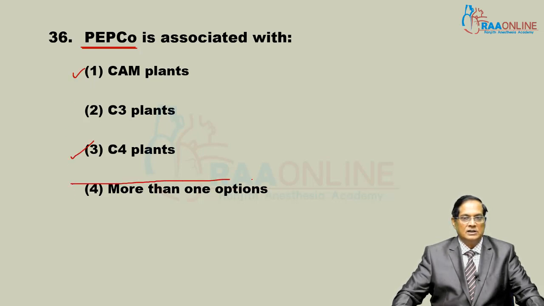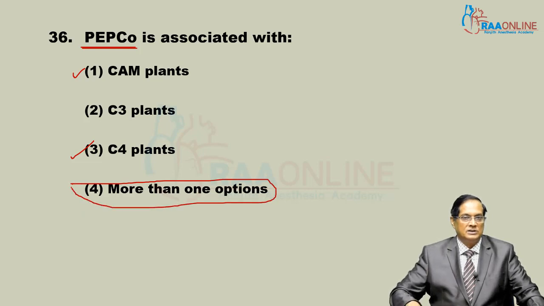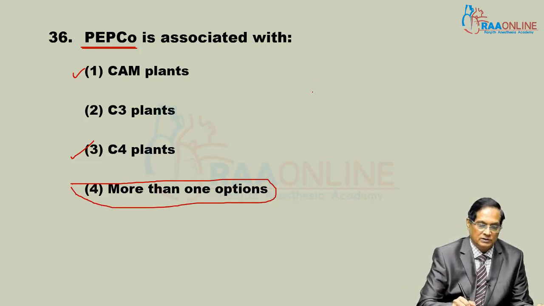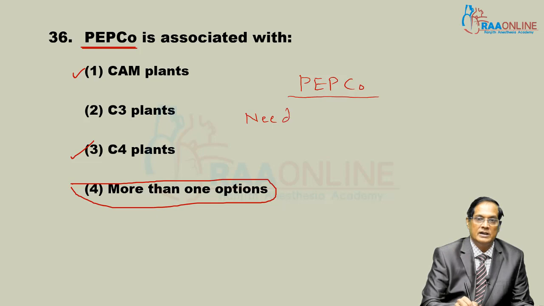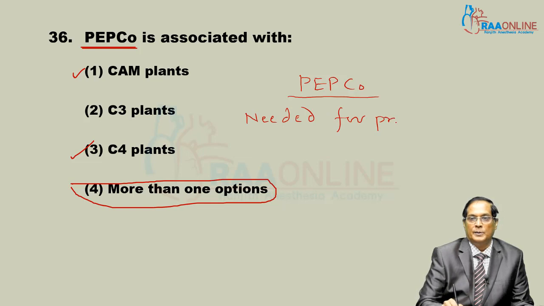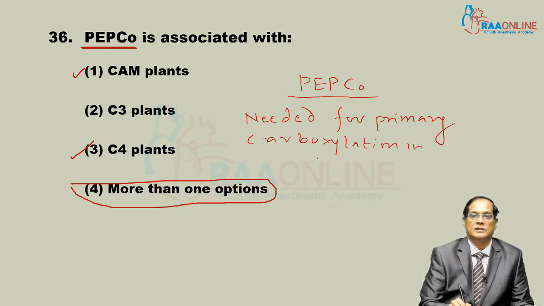In these two cases, this enzyme is needed because it is required for primary carboxylation in C4 and CAM plants as well.